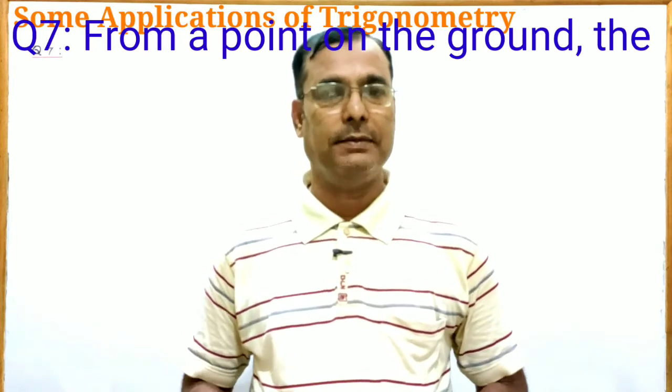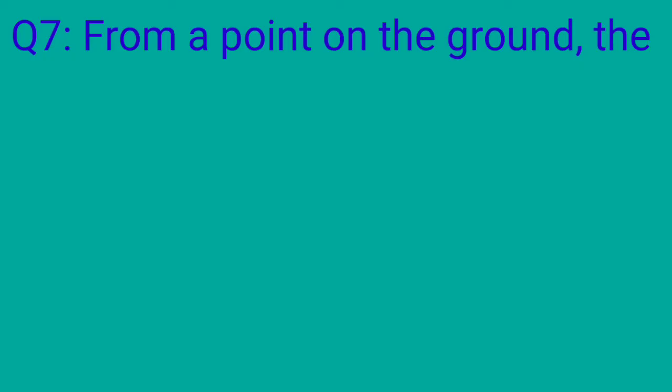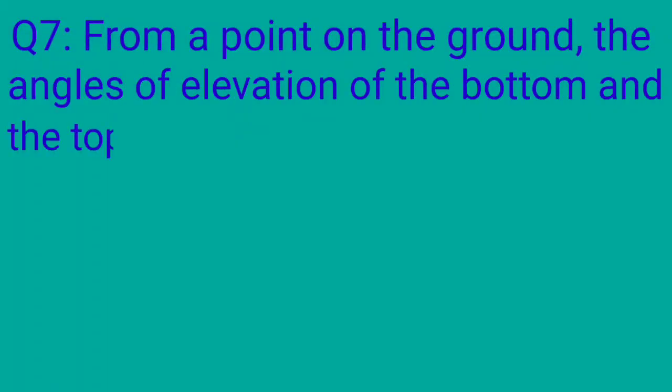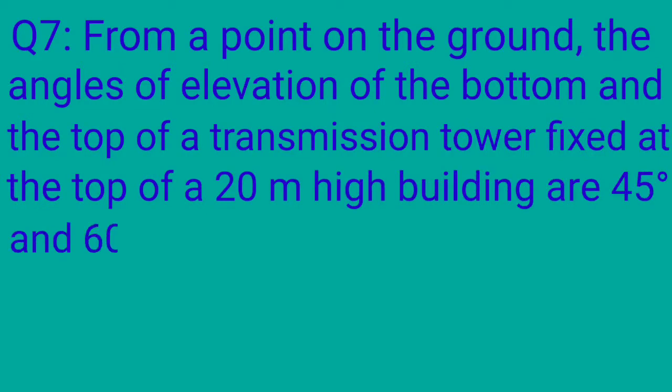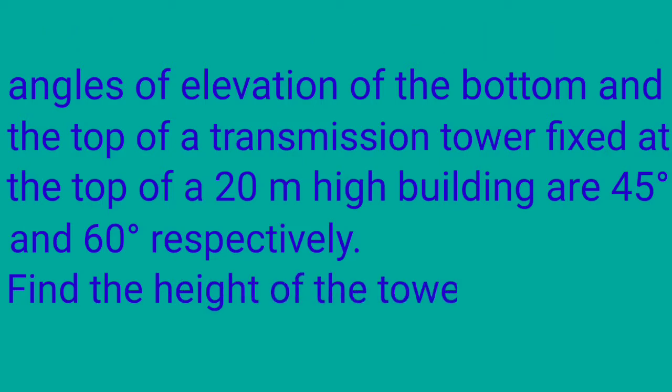Now question number 7. From a point on the ground, the angles of elevation of the bottom and top of a transmission tower fixed at the top of a 20-meter high building are 45 degrees and 60 degrees respectively. Find the height of the tower.